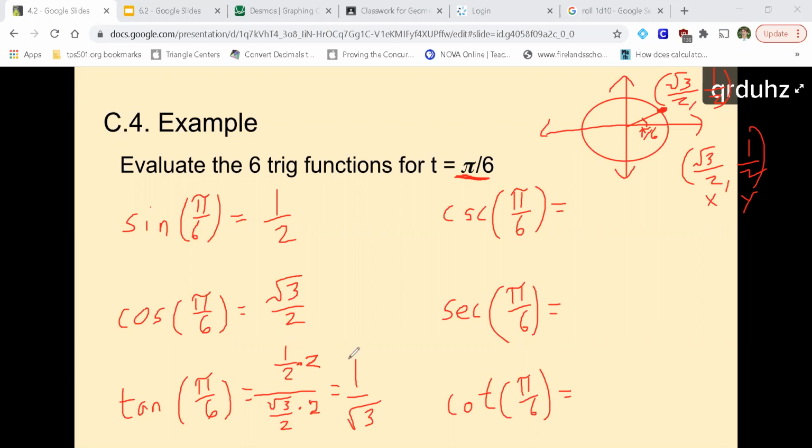Okay, when you're doing these on WebAssign, it will actually accept this as an answer. To be honest, it really shouldn't accept this as an answer because, like we talked about earlier, this is not appropriate. It has a radical in the denominator. That's a no-no. So really, you should fix it by multiplying by the square root of 3.